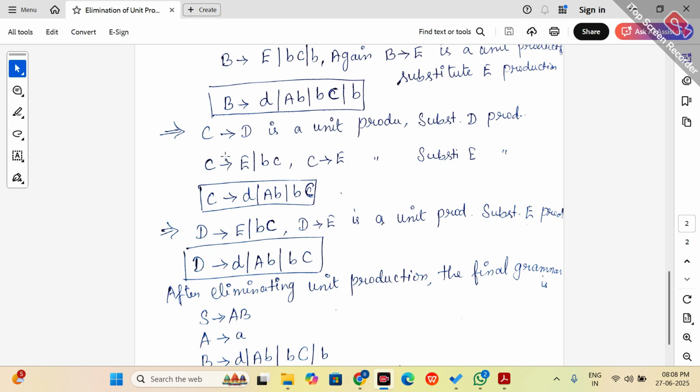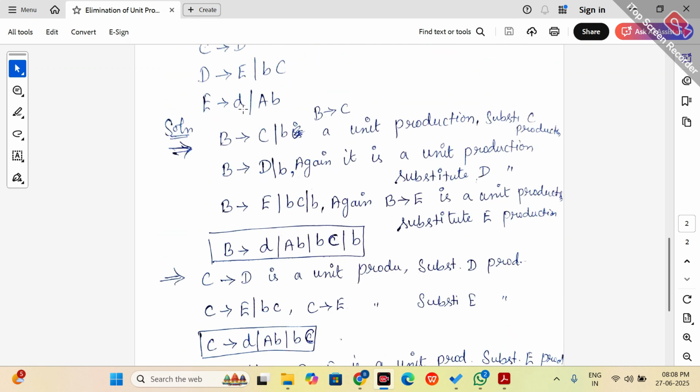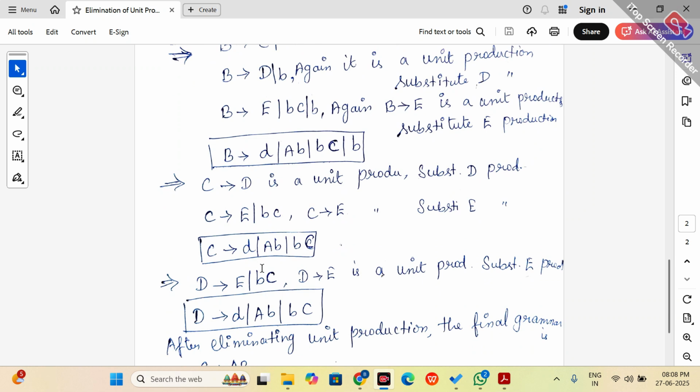So here we are replacing the E by substituting the E production. For E, there are two productions, d and aB. So d, aB, bC. In the final grammar, there is no single variable on the right hand side. So here also we are eliminating the unit production.